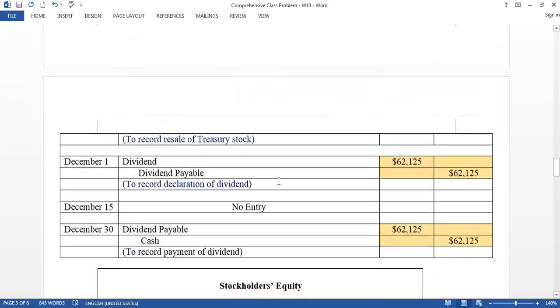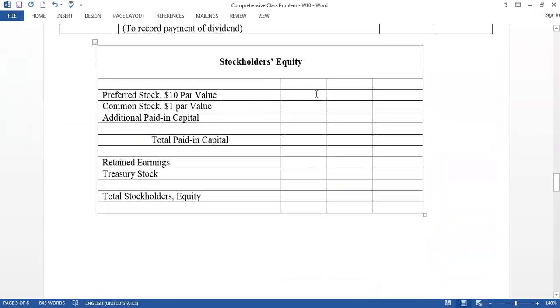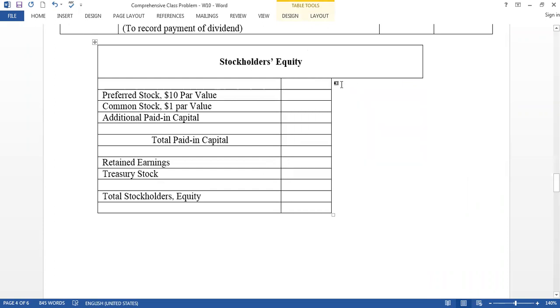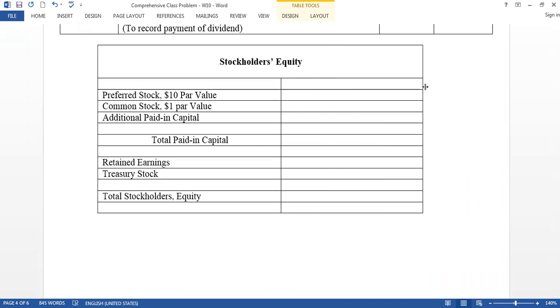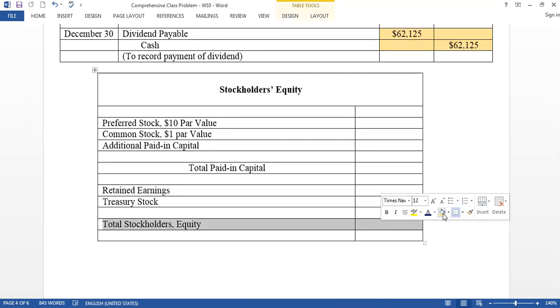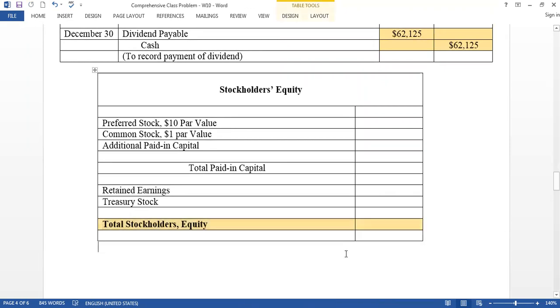Now we are going to prepare stockholders' equity. So this is the format to prepare the stockholders' equity. You remember, we have to calculate the total amount of stockholders' equity.